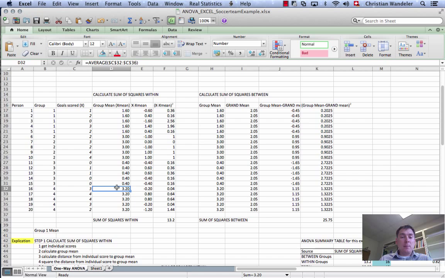So you can assume that the highest scoring team here, 3.2, is probably different from the lowest scoring team, probably the fourth team, with team 2 at 3 goals, probably not a significant difference. Then we could think about whether 3 to 1.6 is significantly different, or even whether 1.6 to 0.4 is significantly different. So now we move into the post hoc tests to figure that out, and we'll do that at a later point in time.